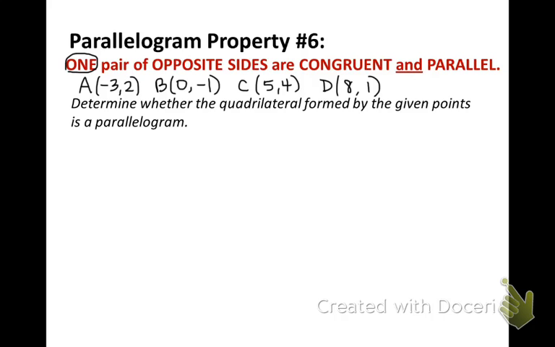Okay. First step, and this is a silly step that a lot of people for some reason forget, you have to make sure that you are choosing sides that are opposite, right? If you just pick a random set of points and you choose sides, like for an example, I'm going to draw this little sketch up here so that I can use it as a guide. We assume that the parallelogram is given to us in order.